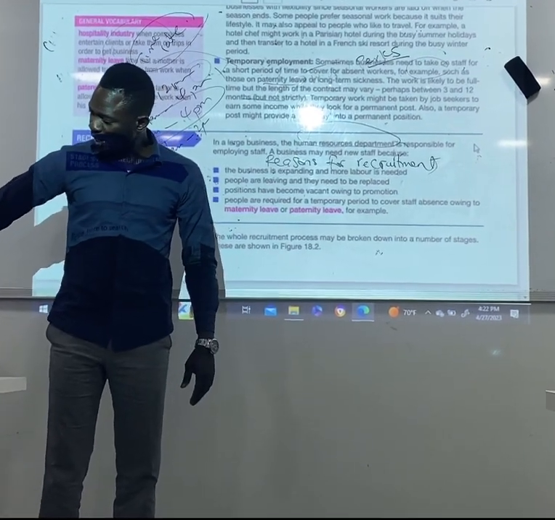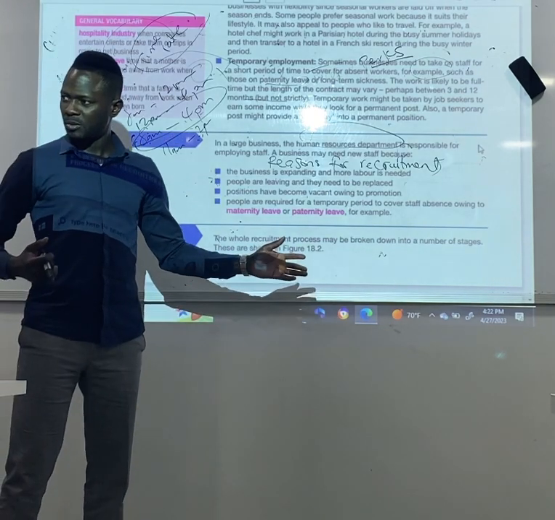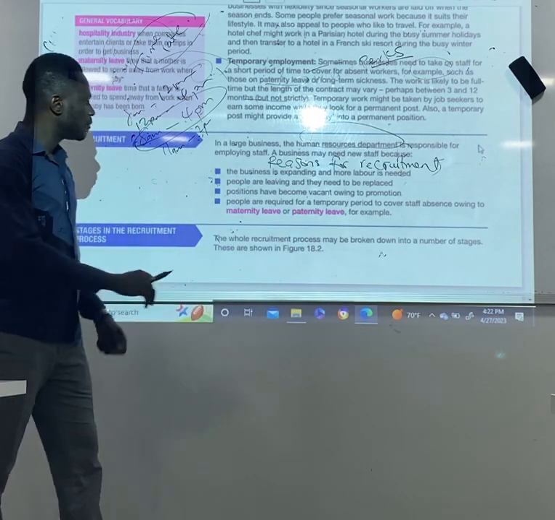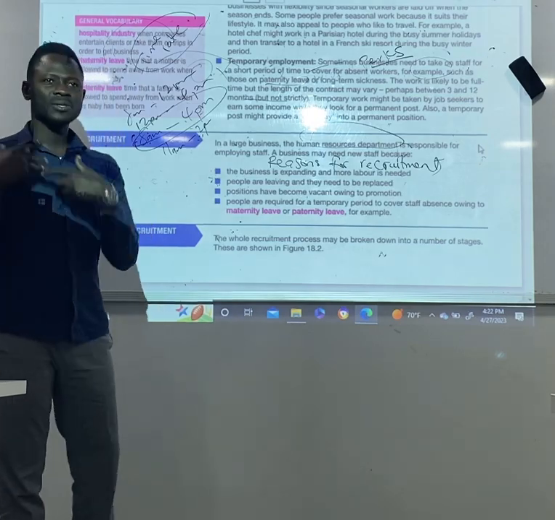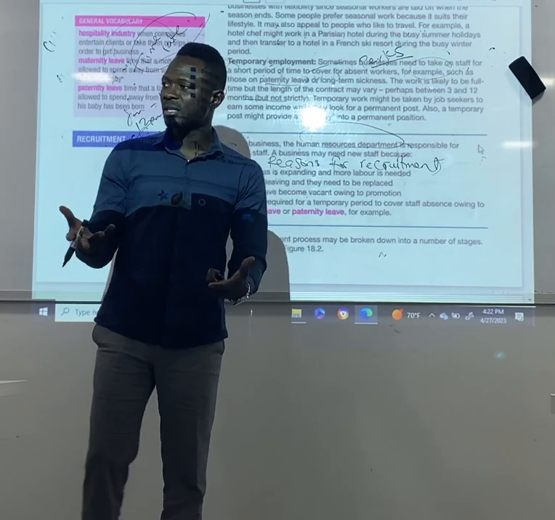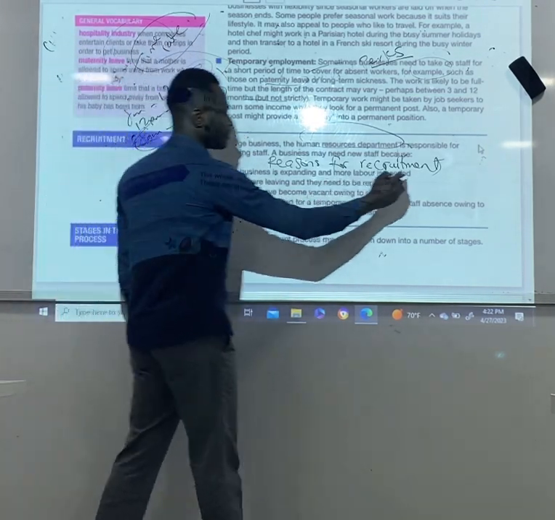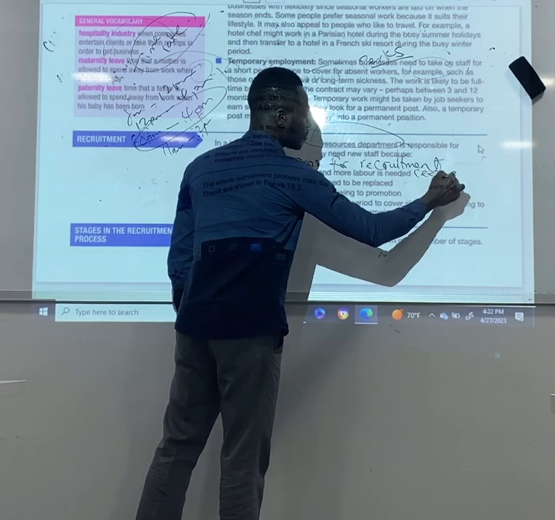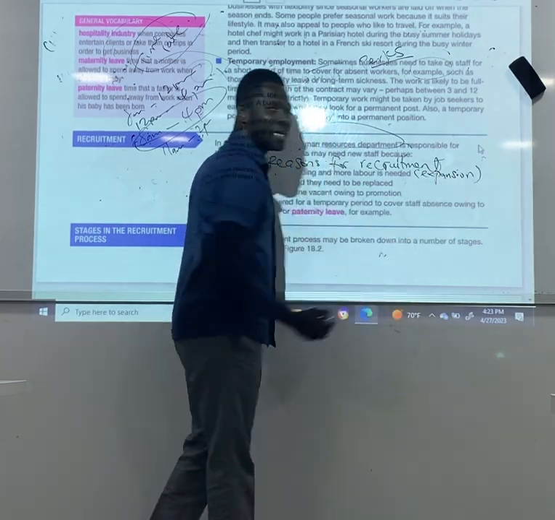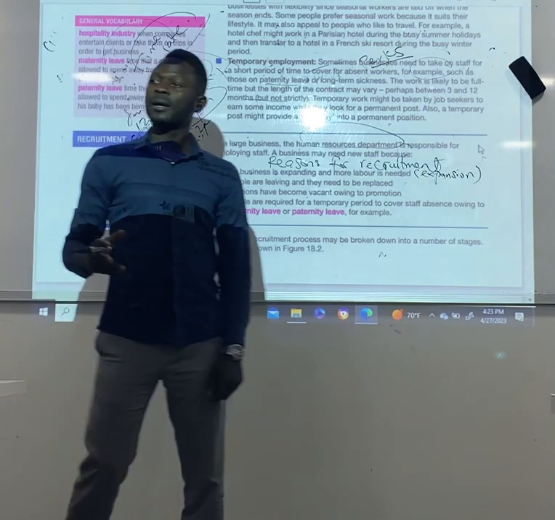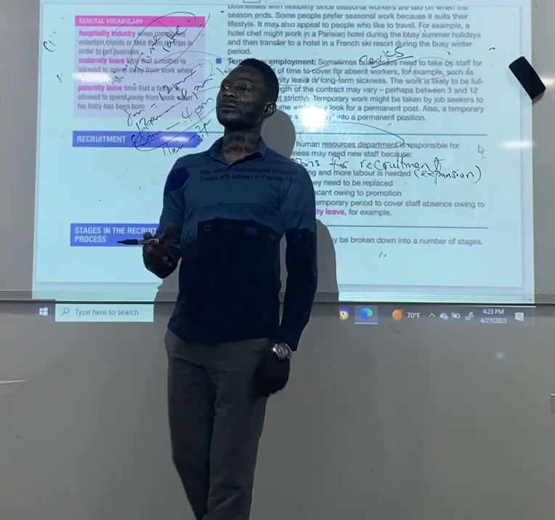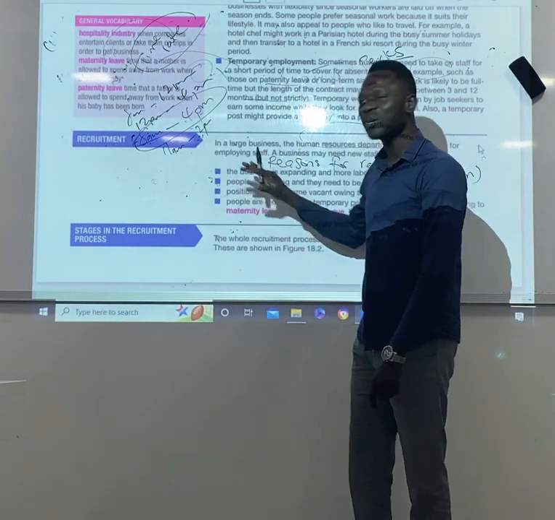So the first reason, please look at the board. The first reason why we could start thinking about employing more workers is because we are expanding. Expansion. Even substitution, like someone quits and you want to find another. We're going to get there. Let's talk about expansion first.